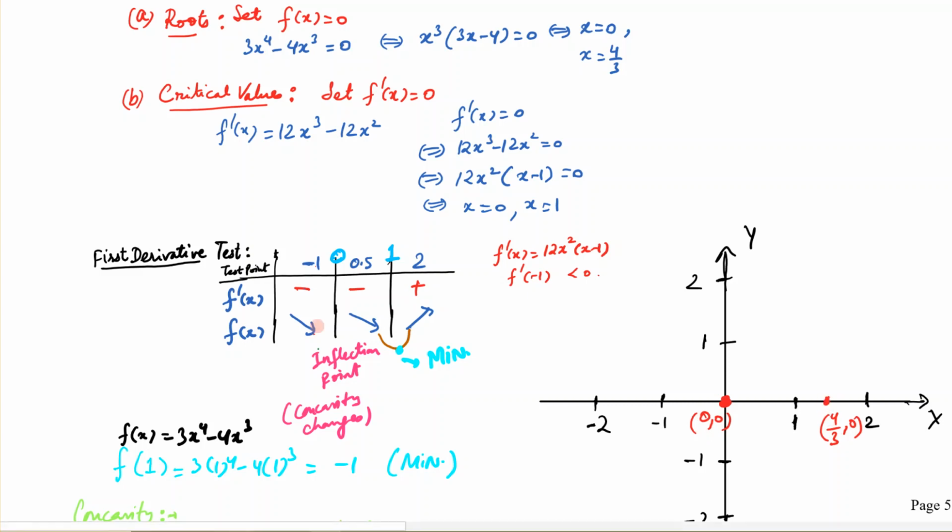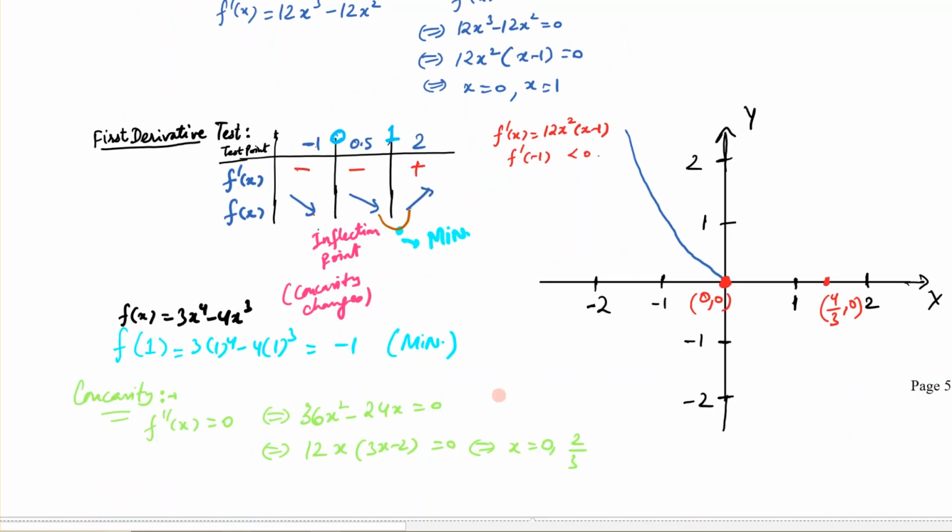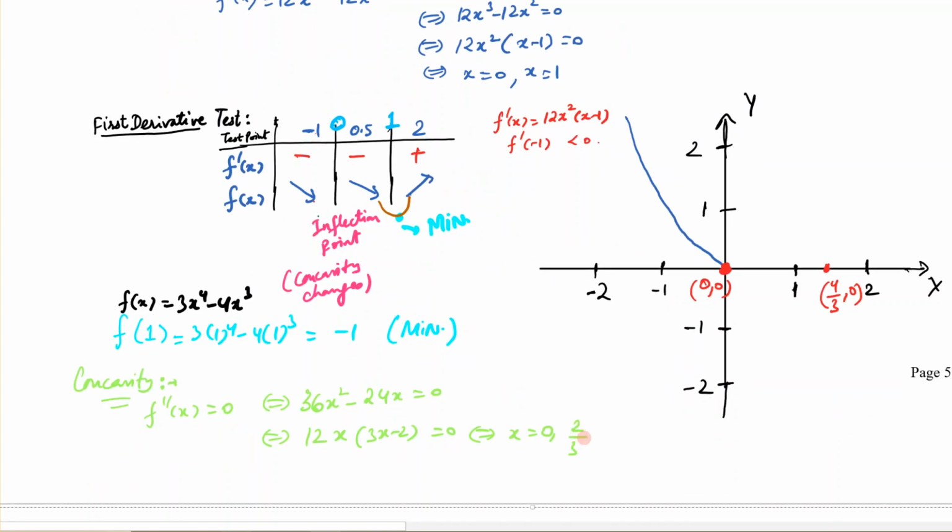And from our table, we know that the function is going to be decreasing from 0 to 1. The function is decreasing because the slope is negative here, and it is decreasing from negative infinity to 0. So we draw something like a decreasing function here. And then between 0 and 1, again the function is going to be decreasing, but we also found that another inflection point is at 2 over 3.